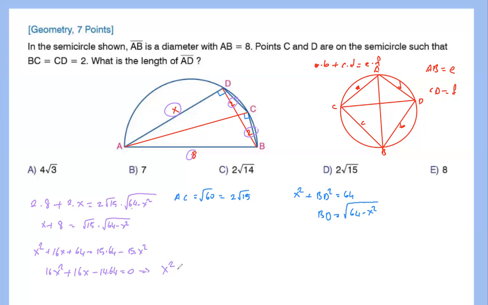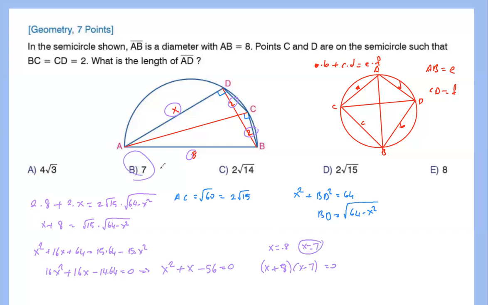So that will give us x squared plus x, and that will give us minus 4 times 14, which is 56. So now I can factor again. That looks like x plus 8 and x minus 7. And then negative 8 cannot be a solution for a side. So x should be 7, which is the same as before.